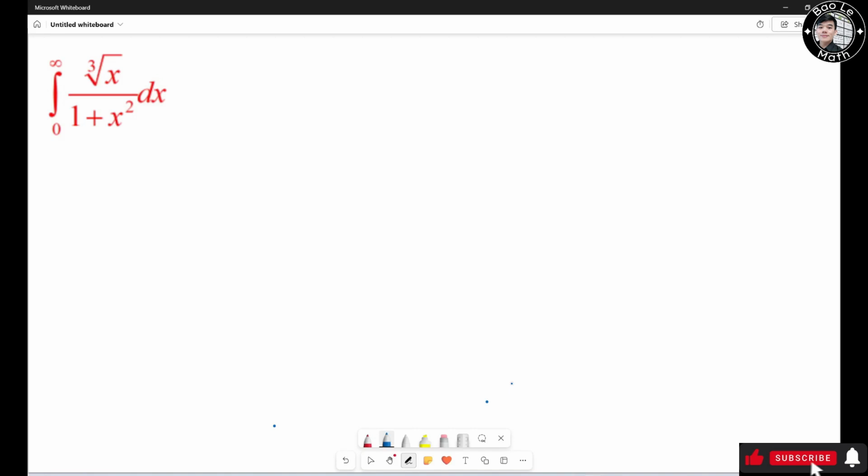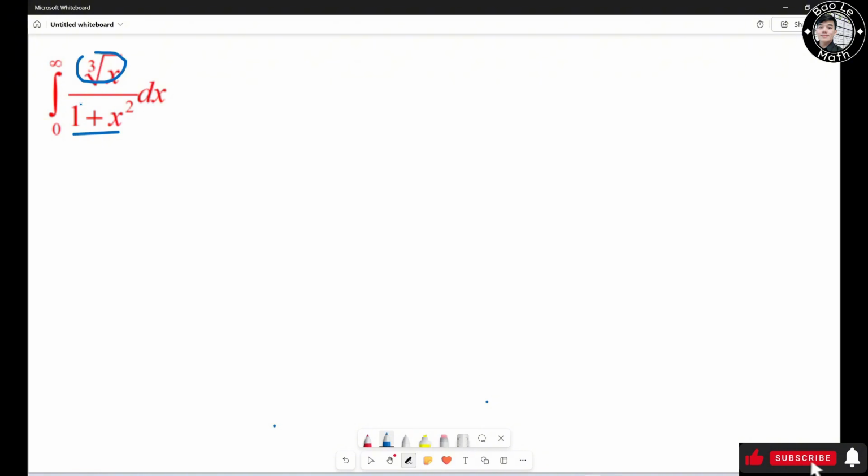Let's learn how to solve this tricky integral from the 2025 semi-final MIT Integration Bee. Alright, the integral from 0 to infinity of cube root of s over 1 plus s squared times ds. Now, look at the denominator. The denominator 1 plus s squared suggests a trig substitution, but the numerator cube root of s is a bit tricky.